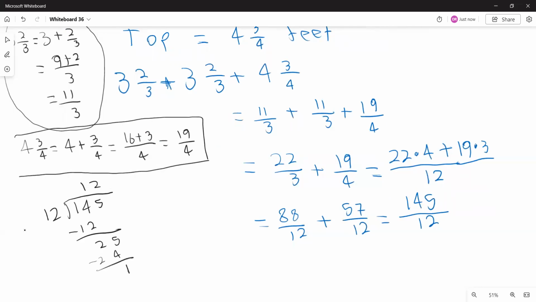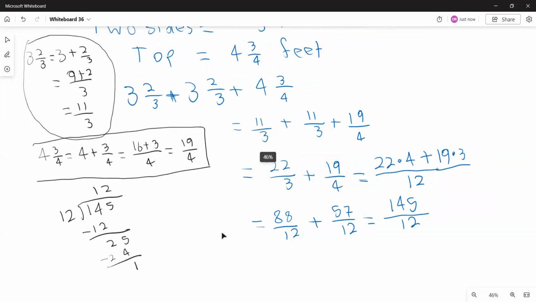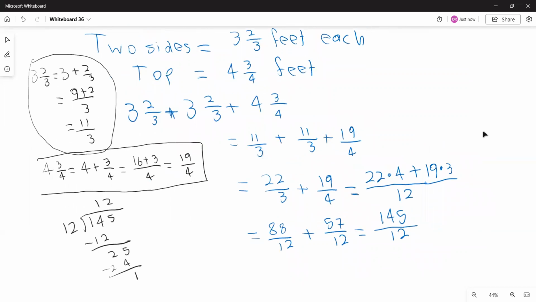So 145 over 12 is, and I'll make this a little bit bigger so you have an idea, 12 1/12 feet. So that gives us better information of how much material Adrian needs.